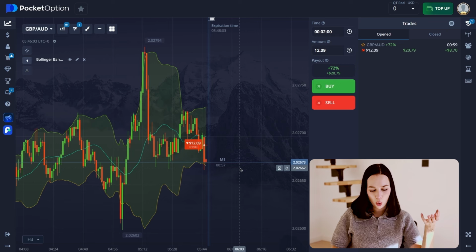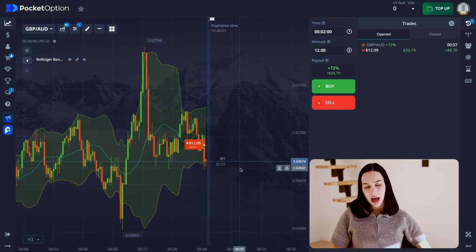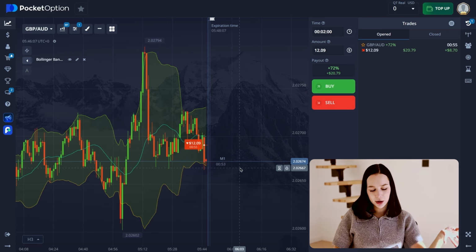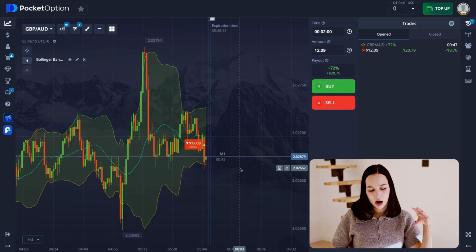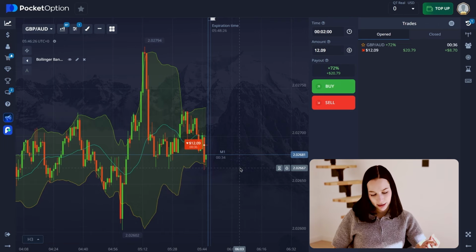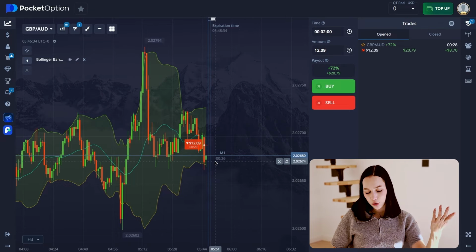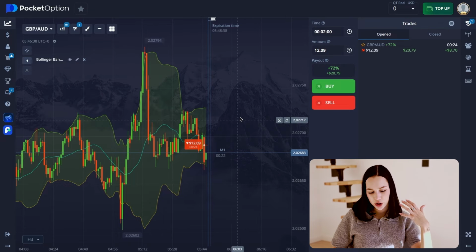Also, our trade was open in a trend continuation setup after correction to the middle Bollinger Bands inside a short-term bearish structure. Also, the bands here are moderately expanding, showing that volatility remains active. The middle line of Bollinger Bands is slightly tilting downward, confirming also short-term bearish pressure.